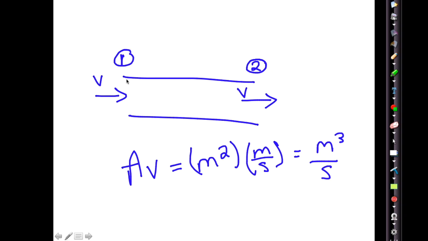Given that the fluid passing through this pipe has the same velocity at points 1 and 2, and the cross-sectional area of the pipe at points 1 and 2 is the same, we would have the same volume flow rate at points 1 and 2 as well.